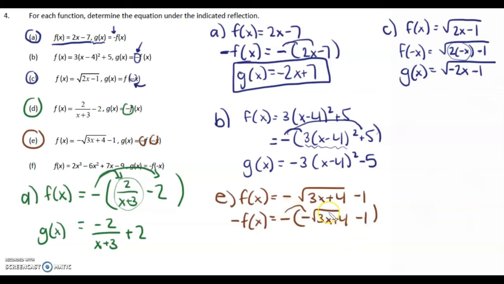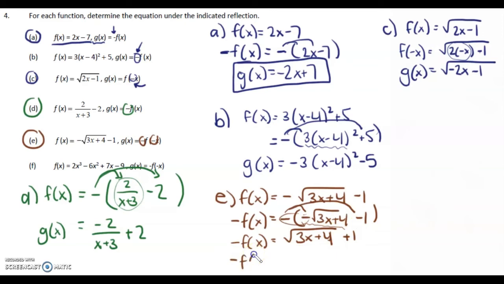So let's put it into here. And remember, this entire thing is a term, and we're going to put it into there. So -f(x) is going to look like this: √(3x + 4), because that goes to positive, and then + 1.